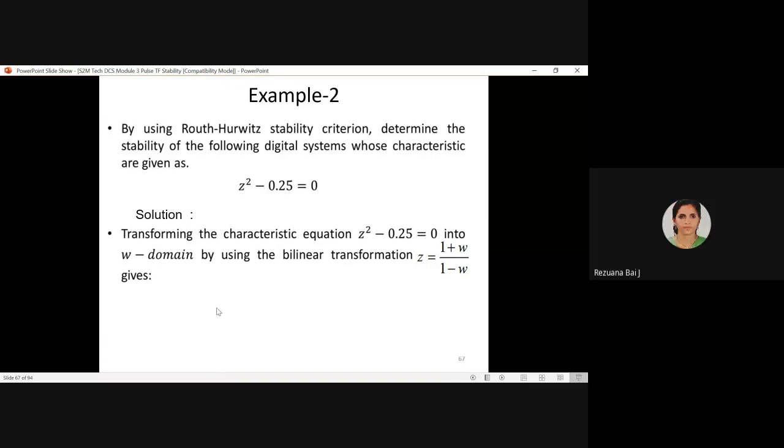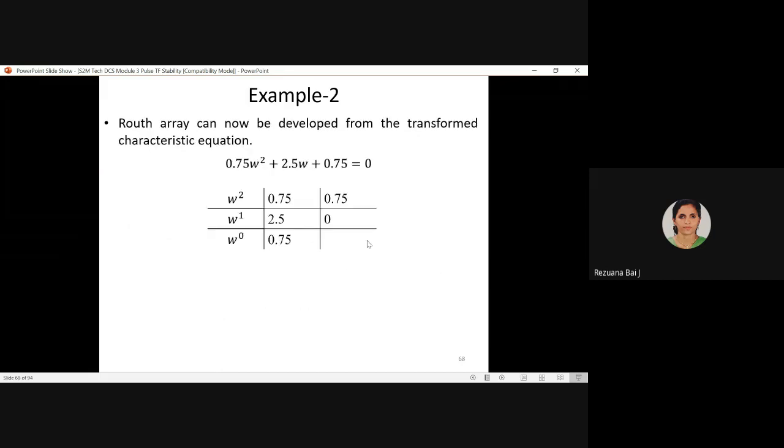Yeah, okay. So here, this is the thing that we were explaining, isn't it? We have done it like this, and the Routh array is developed without any sign changes, that is, all are positive values. Otherwise, if there is a negative value, we will write it as negative.